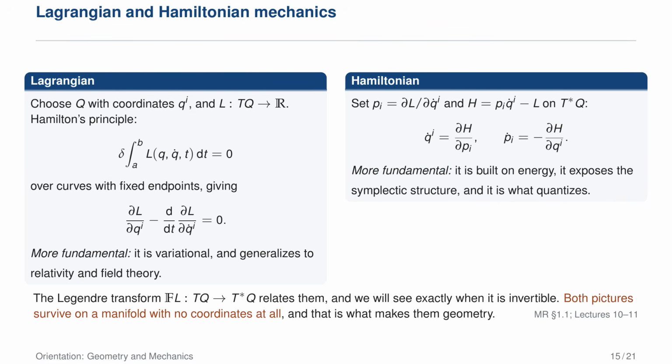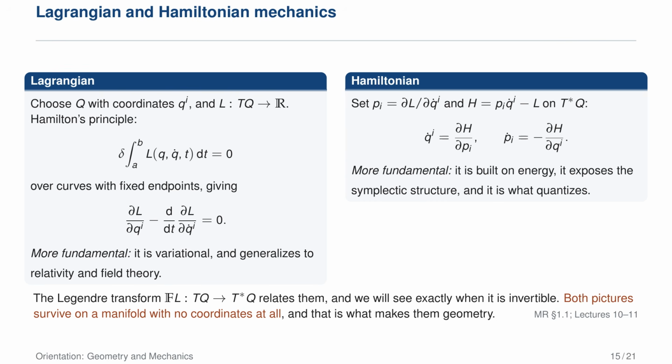Classical mechanics comes in two pictures, and you have met both. In the Lagrangian picture, you choose a configuration space Q. On it, you write a function L of position and velocity. Then you demand that the integral of L over a path be stationary among paths with fixed endpoints. That gives the Euler-Lagrange equations. This picture is more fundamental in one sense, because it is variational, and because it generalizes directly to relativity and to field theory.